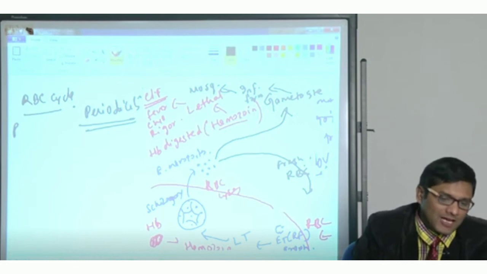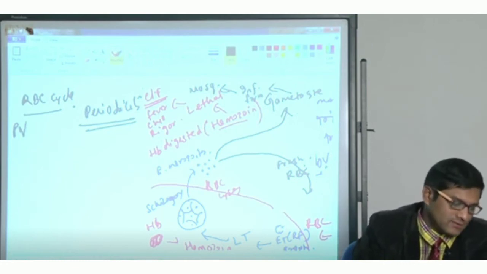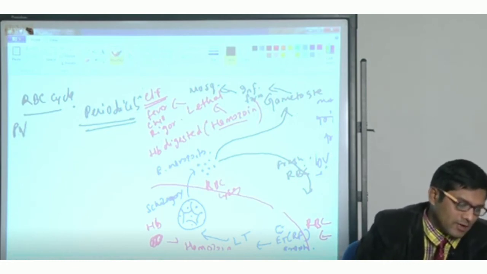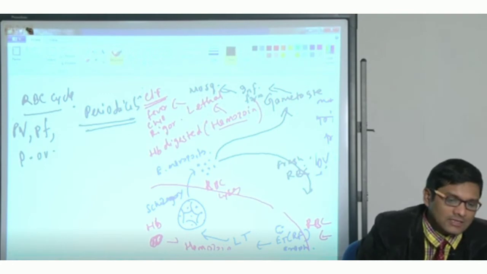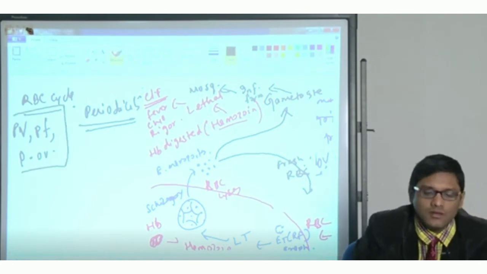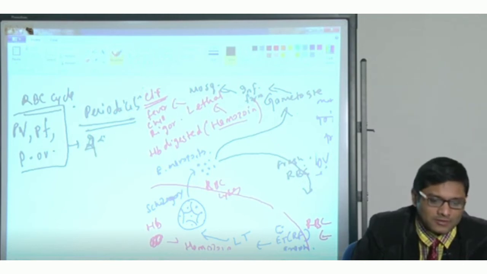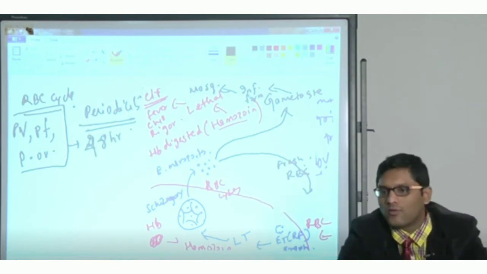For example, Plasmodium vivax, Plasmodium falciparum and Plasmodium ovale, all these three, the periodicity is 48 hours. The RBC cycle lasts for 48 hours.